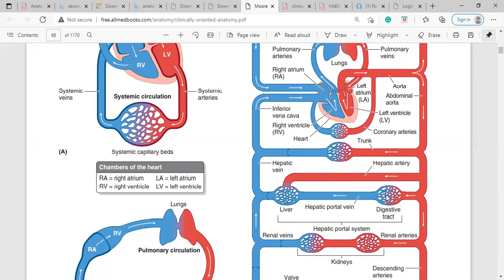Then there is a connection between the digestive system and the liver. What happens here? When you eat food and digestion takes place, at the end of digestion, you get glucose, amino acids, and fatty acids.